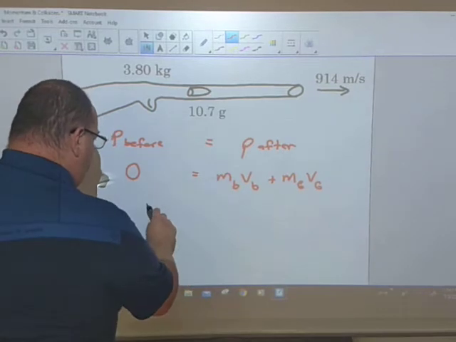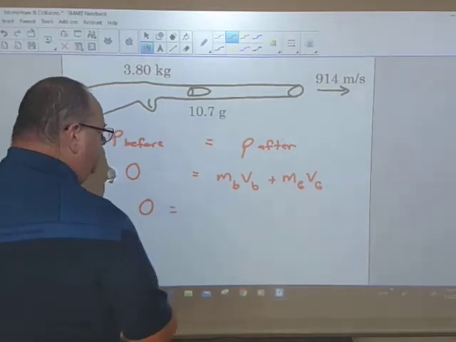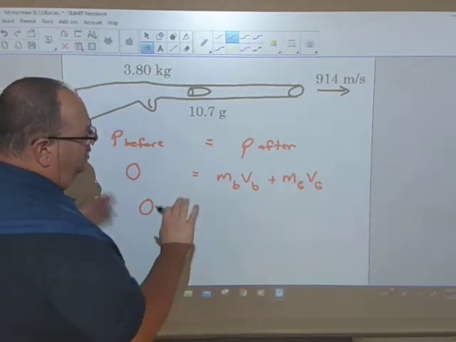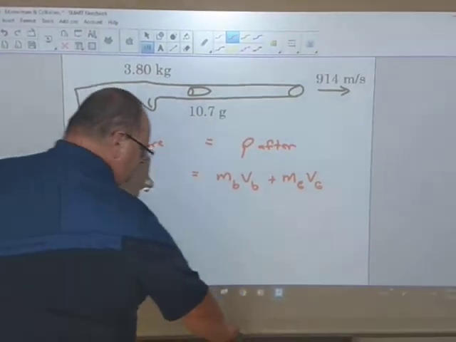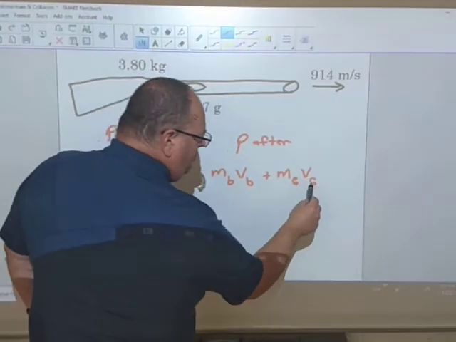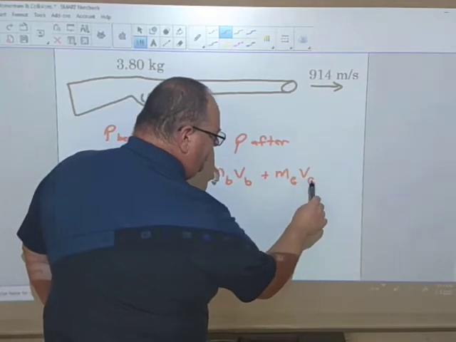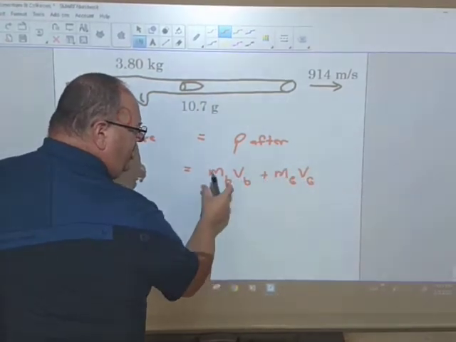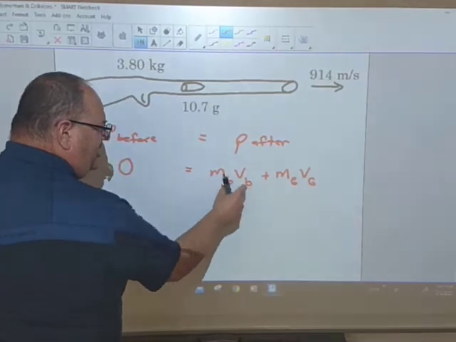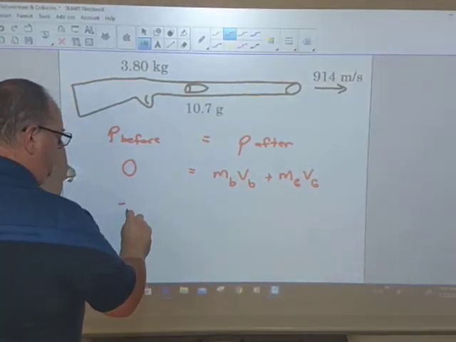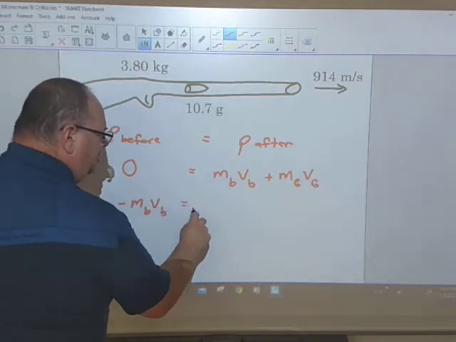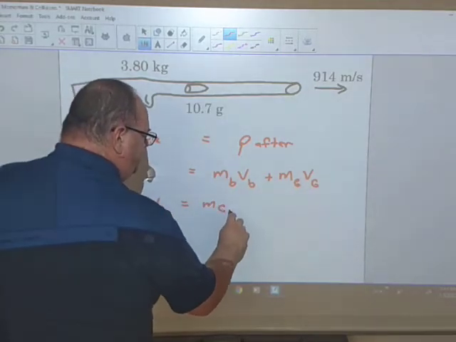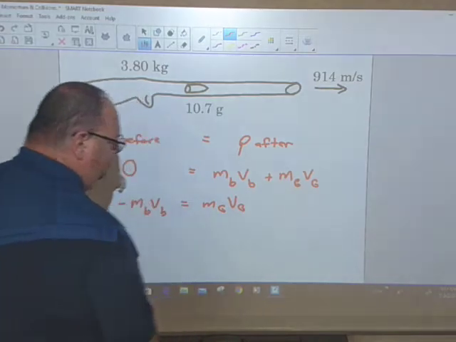Okay. So I can plug in some numbers. 0 equals... well, maybe I don't want to plug in numbers right away. Maybe I want to do some algebra. I'm looking for the velocity of my gun right here, so algebraically, I've got to work from the outside in. I'm going to subtract: minus mass of bullet times velocity of bullet equals mass of the gun times velocity of the gun.